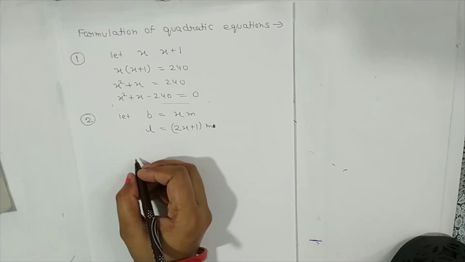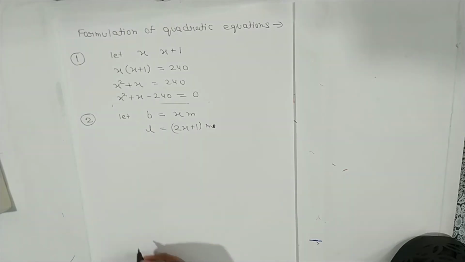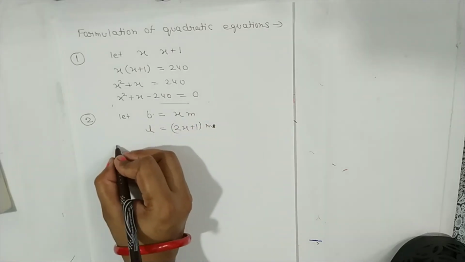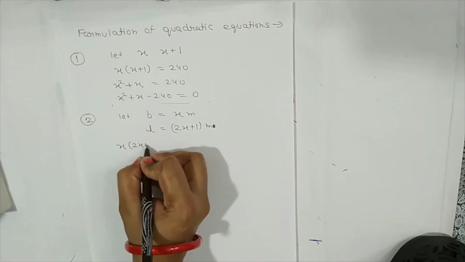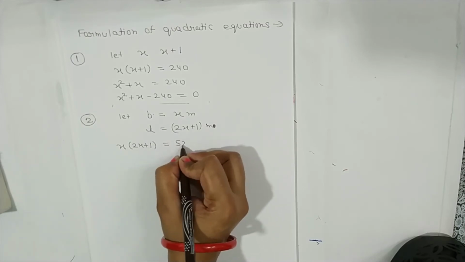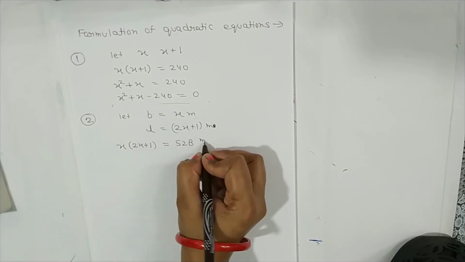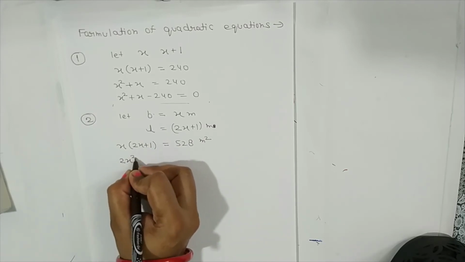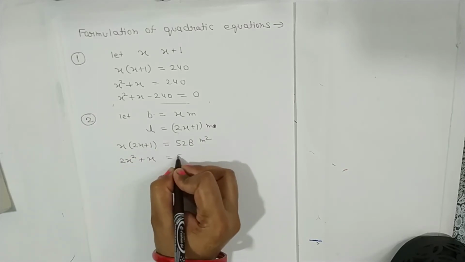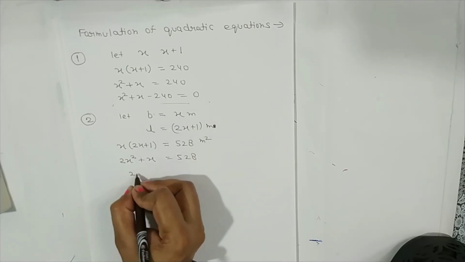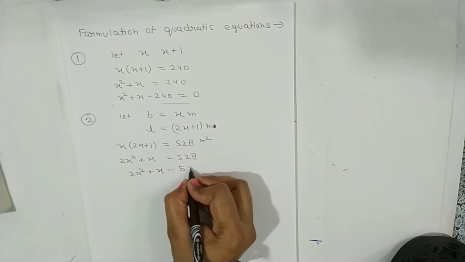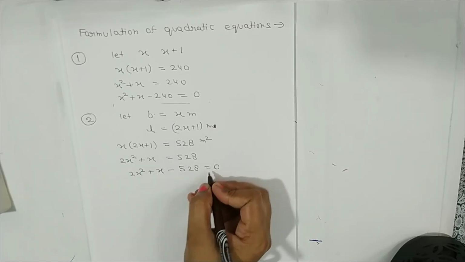Now the area of the plot is equal to 528. So what is the area? Length into breadth. So x into 2x plus 1 is equal to 528 meter square. So it will be 2x square plus x is equal to 528, then 2x square plus x minus 528 is equal to 0.